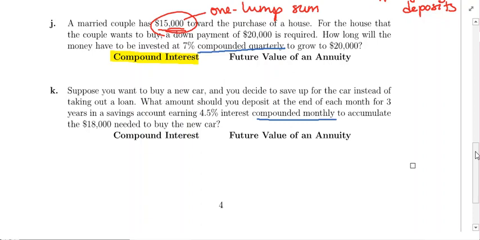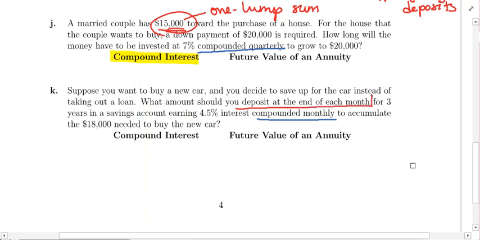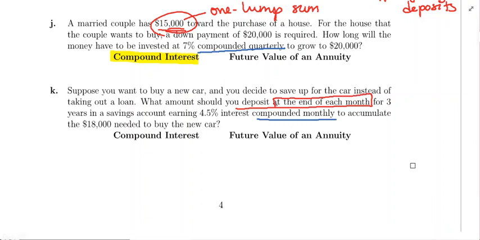So you're trying to save for a new car instead of taking out a loan. So to save for your car, you're going to deposit some amount of money at the end of each month for 3 years, and then through the deposits and the interest, you hope to accumulate $18,000 to buy the car.